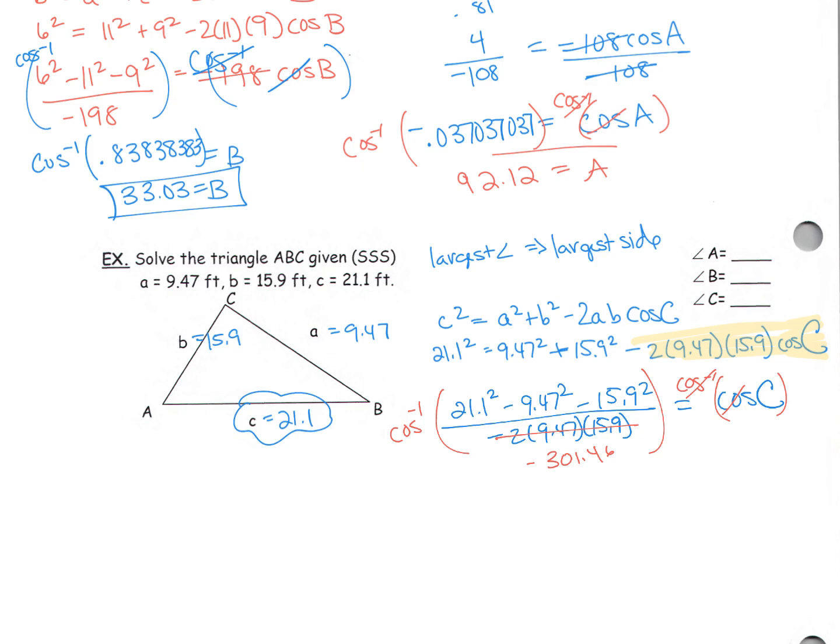If you're on a classroom calculator, we have to make sure we hit equals, divided by our 301.46, and we're going to do our cosine inverse, and we're going to get 109.8 degrees equaling C.